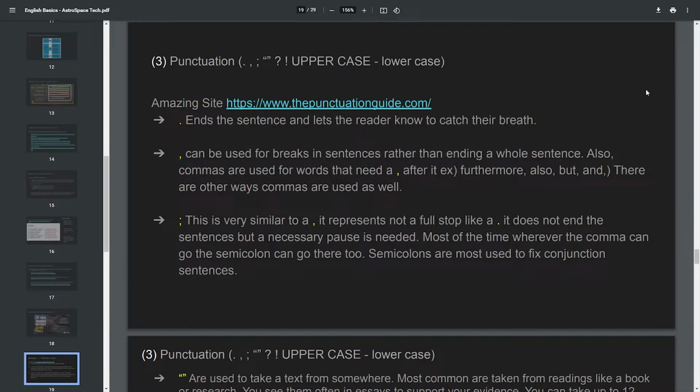It's not a full stop like a period, it's a half stop. It helps with fixing run-on sentences, and sometimes also lets you pause the sentence or extend the sentence to understand what that sentence means.